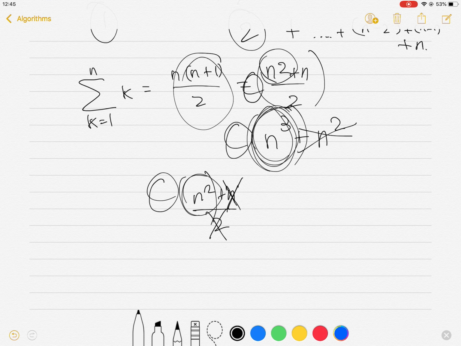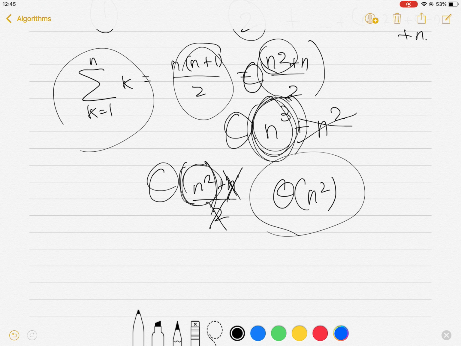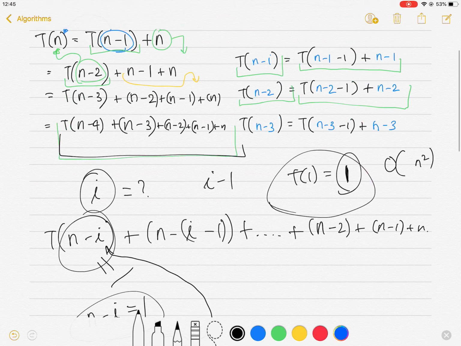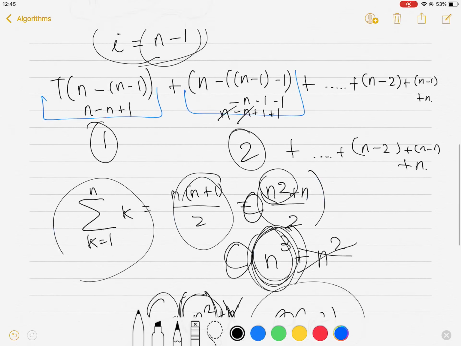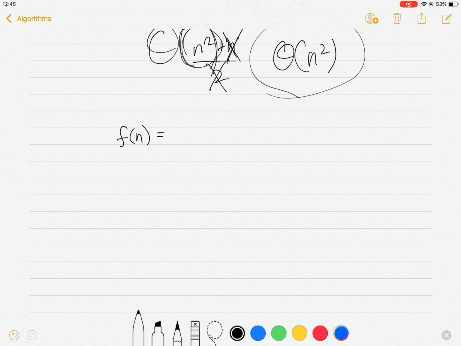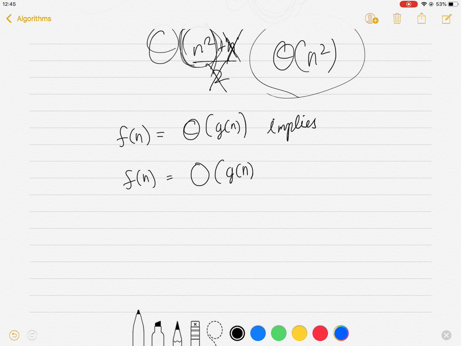So the runtime of this summation is big theta of n squared. This is also given in the appendix, but the problem wants us to get big O, not big theta. But if you remember from the earlier chapters, if a function f of n is big theta of g of n, this implies that f of n is also big O of g of n.